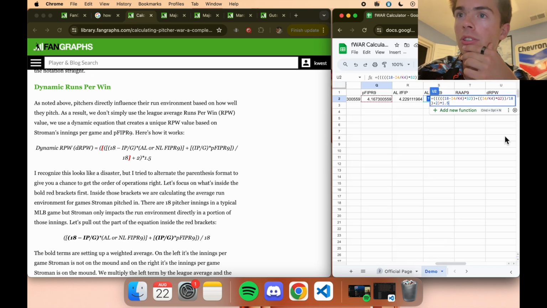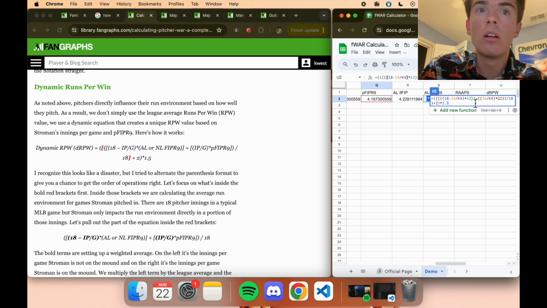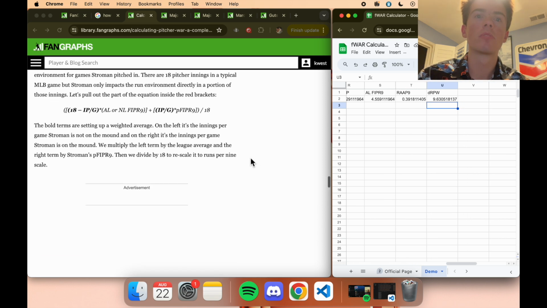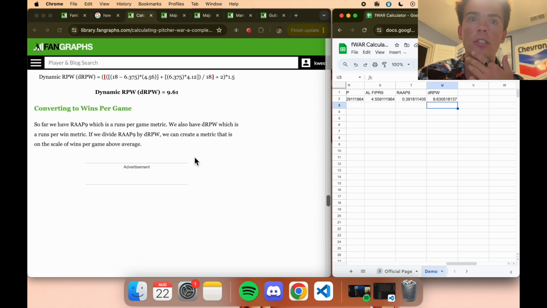Oh, I'm missing a parenthesis. Uh-oh. Okay. Let's track that down. Forgot it right here, I believe. There we go. Nice. Cool. So we should get something similar. Yeah, we got something very similar despite our park factor difference.